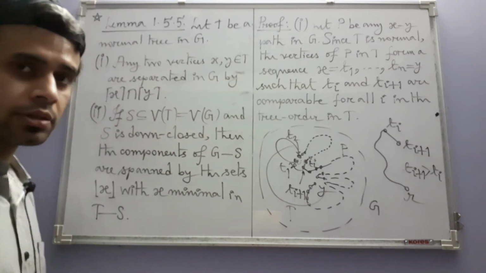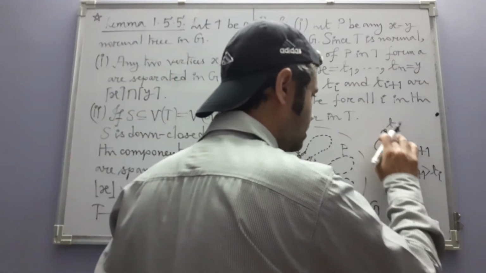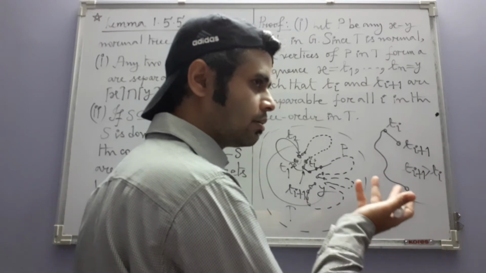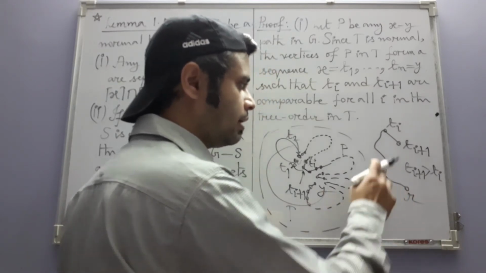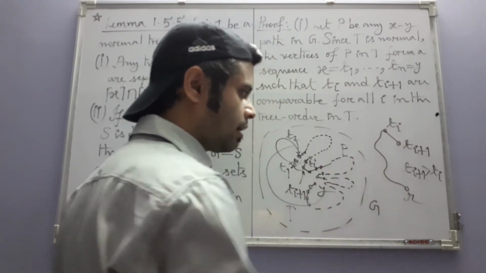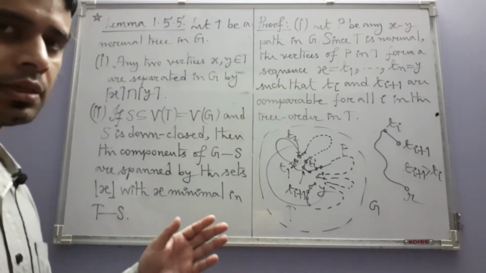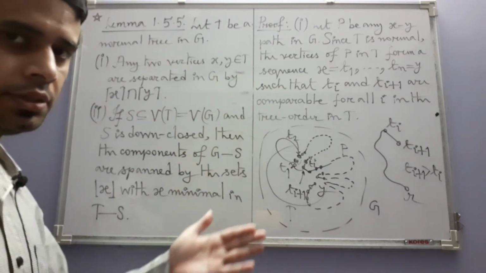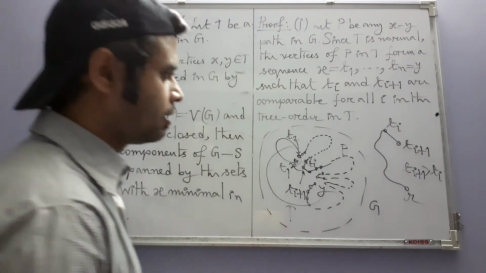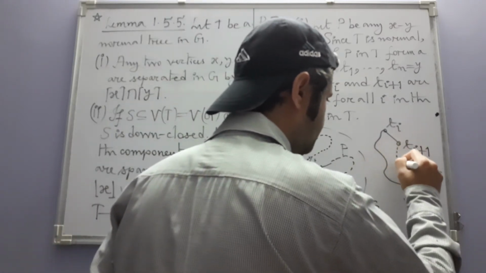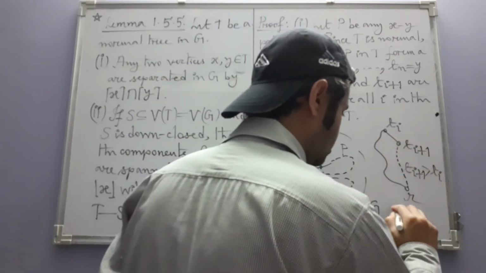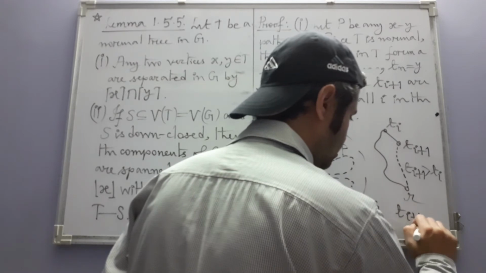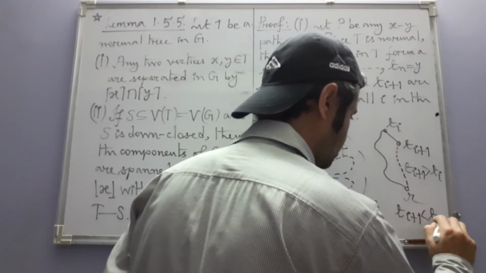But if this edge turns out to be an edge joining Ti and R, that is, it becomes a part of that unique path joining Ti and R, in that case Ti plus 1 will be less than Ti.